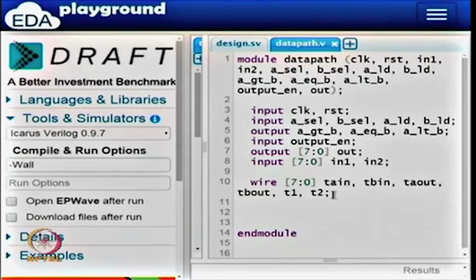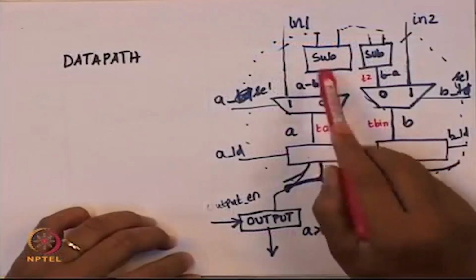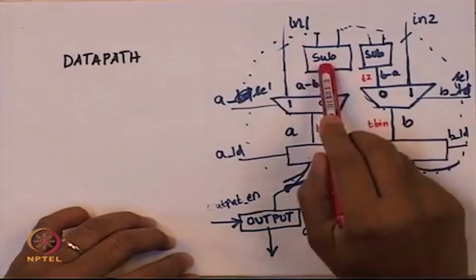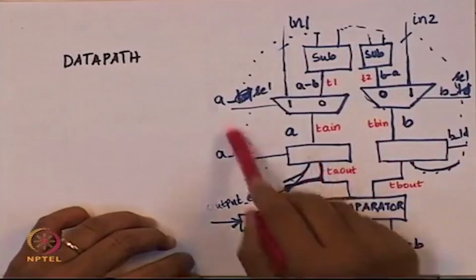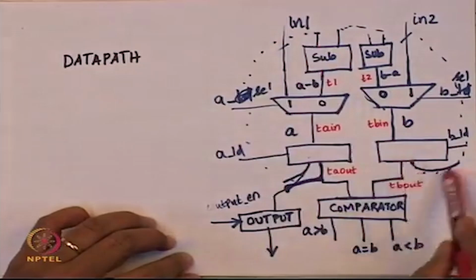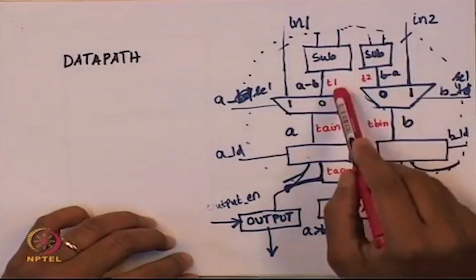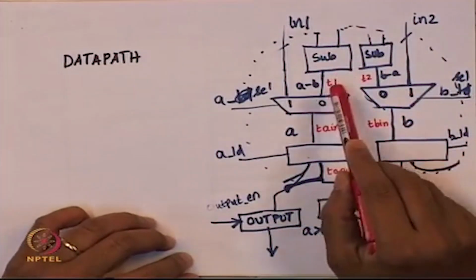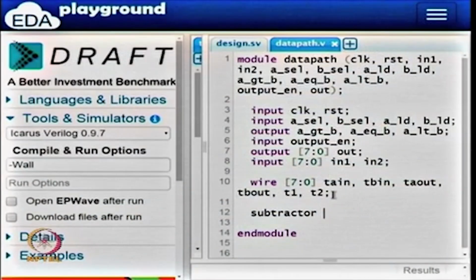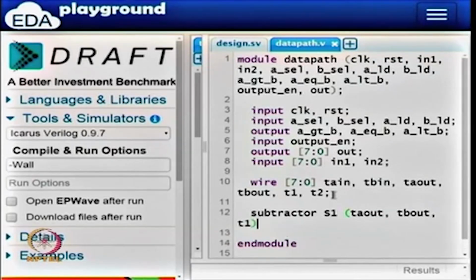From the picture, the first thing that you need to do is, one of the subtractors is supposed to take TA out as one of the inputs, TB out as the second input, and it is supposed to produce T1 as the output. So I will write a subtractor S1 which takes TA out as the first input, TB out as the second input, and produces T1 as the output.